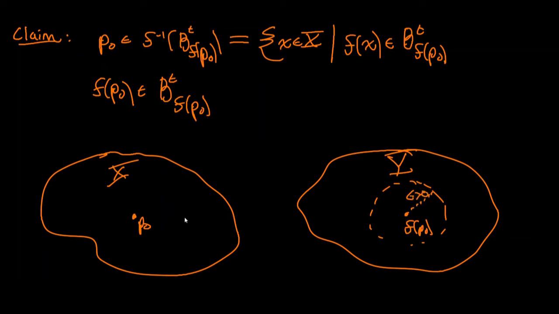And check this out. p naught must be in the inverse image of the open ball, because it is a point whose image under f is in the open ball centered at f of p naught and radius epsilon. So that's nice to know: p naught is in this inverse image.